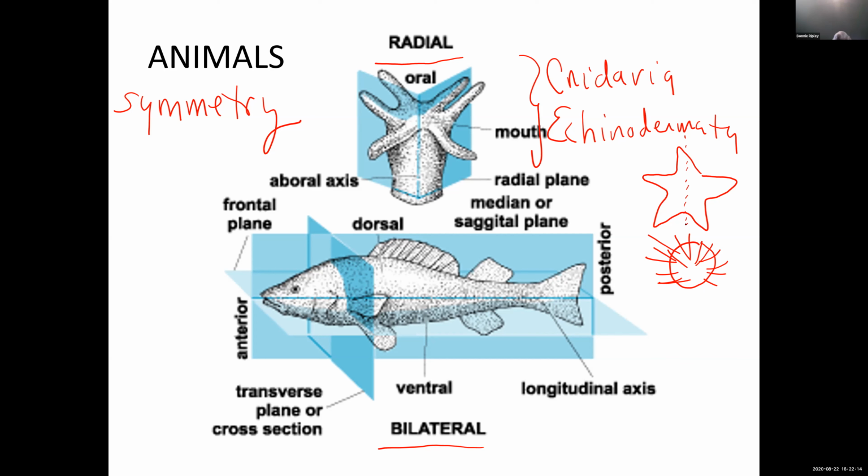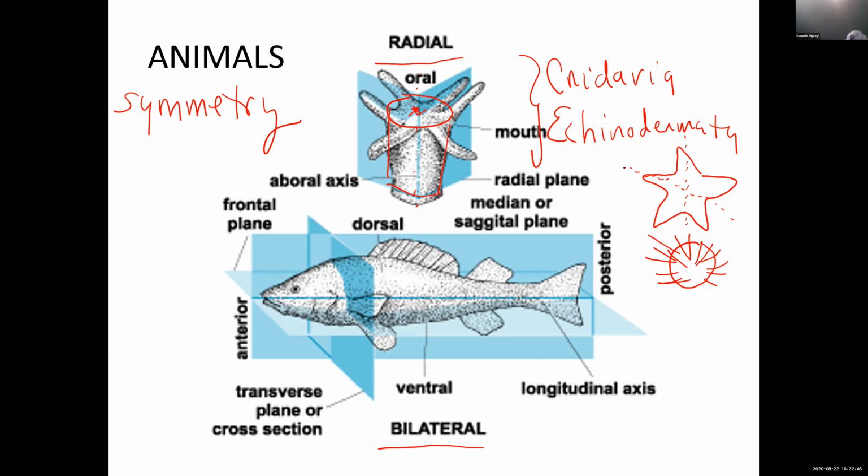Our cnidaria, this is an example of a cnidarian, and its body is basically a column. And it has these tentacles sticking out from it. Its mouth is going to be in the middle here. And if we slice through it any way, we'll get the same thing on both sides. So starfish, we have to slice in a little bit more particular way, but there's more than one way we can slice through it, and we get the same thing on both sides. Right, so that's going to be our defining characteristic of radial symmetry.